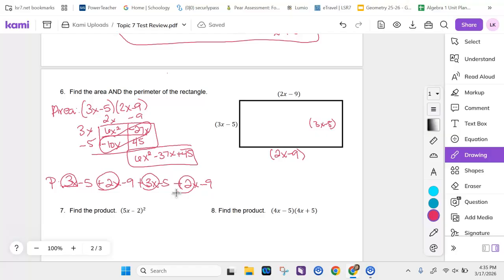So 3 plus 2 is 5 plus 3 is 8 plus 2 is 10. So 10x. Then I have negative 5, negative 9, negative 5, negative 9. Negative 5 minus 9 is negative 14. Minus 5 is negative 19. Minus 9 is negative 28.